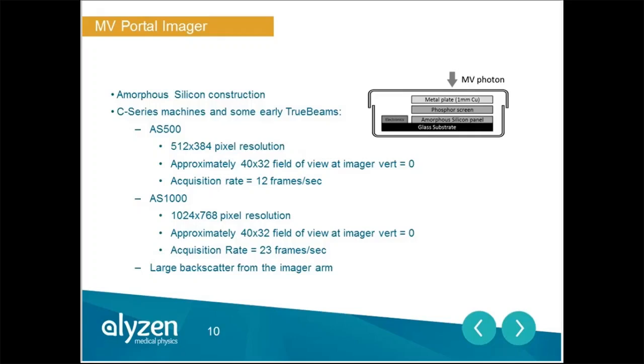So when they upgraded and they went to the AS1000, they made some pretty good improvements, like made the pixel resolution go up. The field of view is still the same, but note that the acquisition rate is much higher. So they're able to limit that saturation to a point. I should note that on neither of these panels are they really qualified to do the flattening filter free beams.